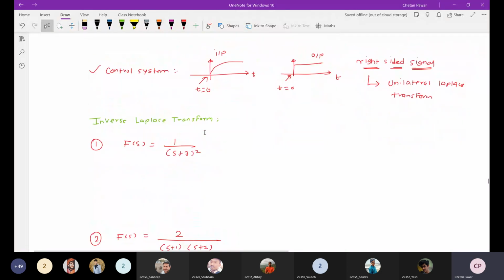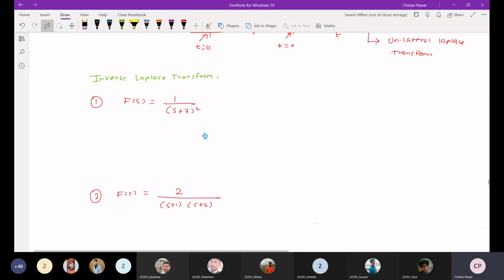Now if you want to calculate the inverse Laplace transform for this particular Laplace transform, they haven't mentioned any region of convergence here, so you can calculate it by considering it as a right-sided signal.